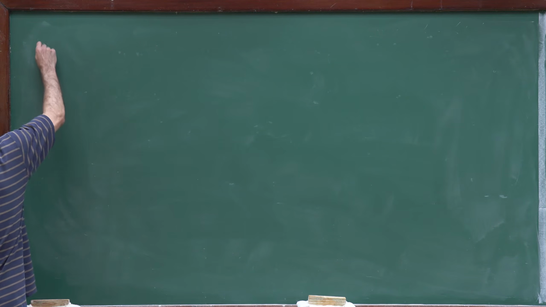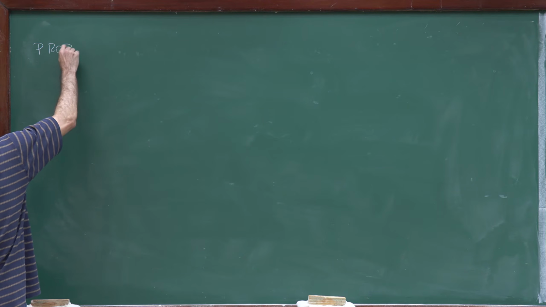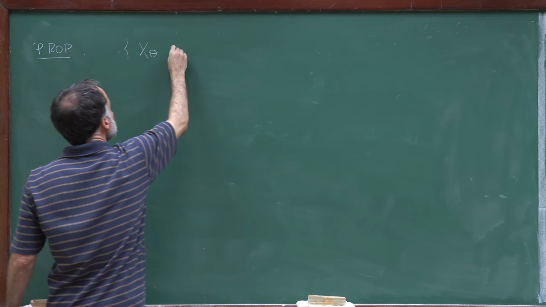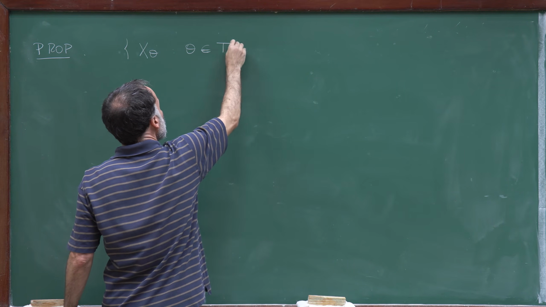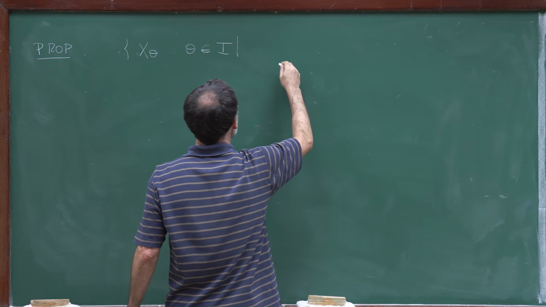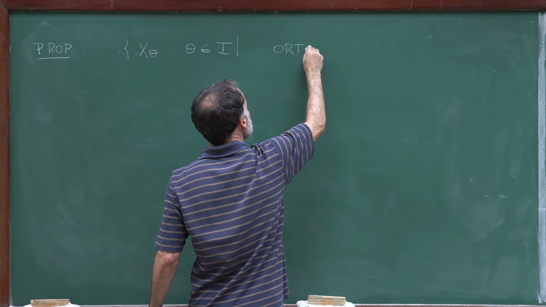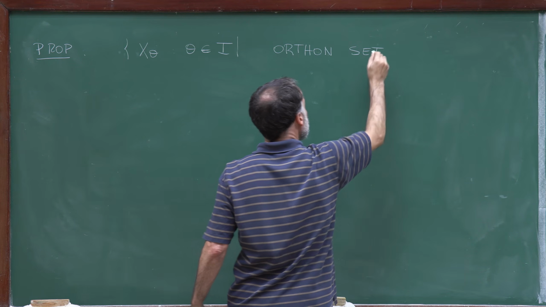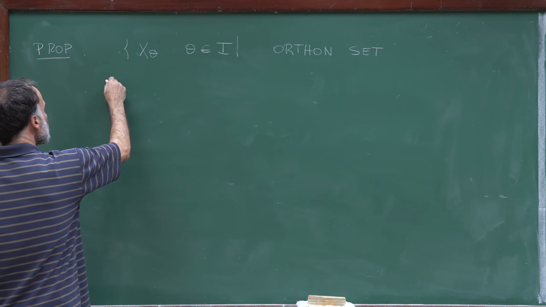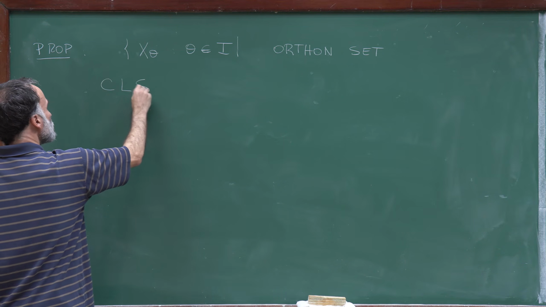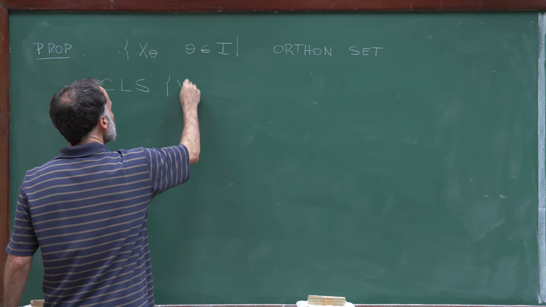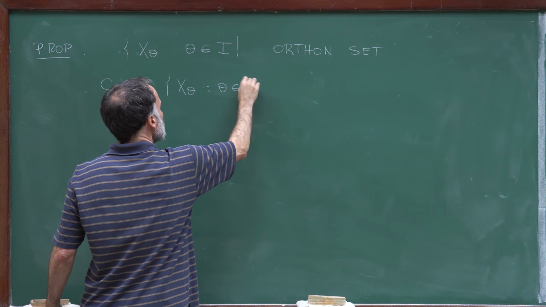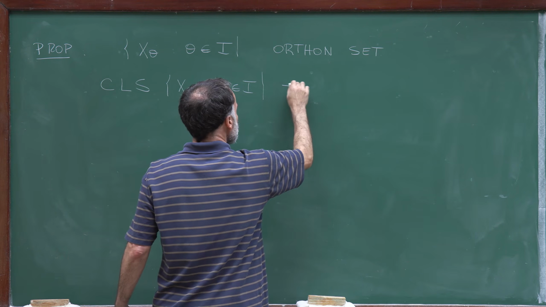Now let me state a proposition which is very useful. Let's say that we have x theta, theta in I, which can be uncountable. So this is an orthonormal set. And my claim is that the closed linear span of x theta, that we have a representation of this set.